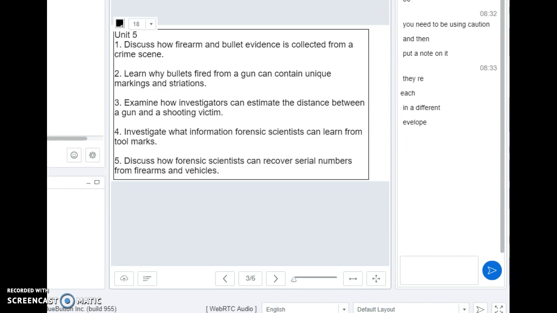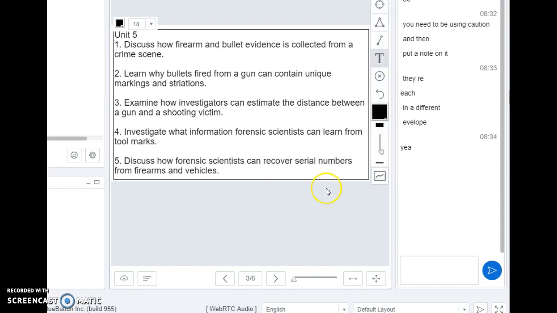Do we mark it? So we do indeed mark them. They actually mark the sides of the bullets.